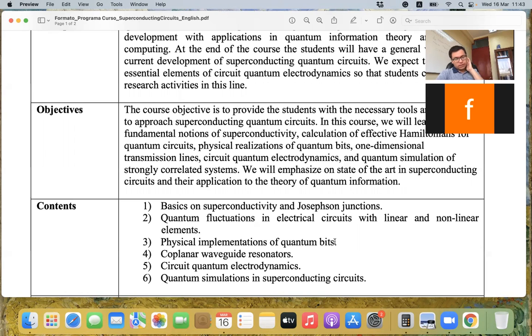Even, of course, in companies as well, like D-Wave. Although you will see later that there are many proposals for quantum bits. We'll talk about the flux qubit, the fluxonium, etc.